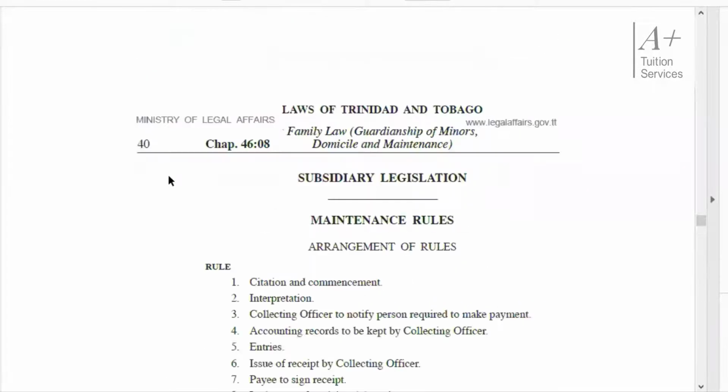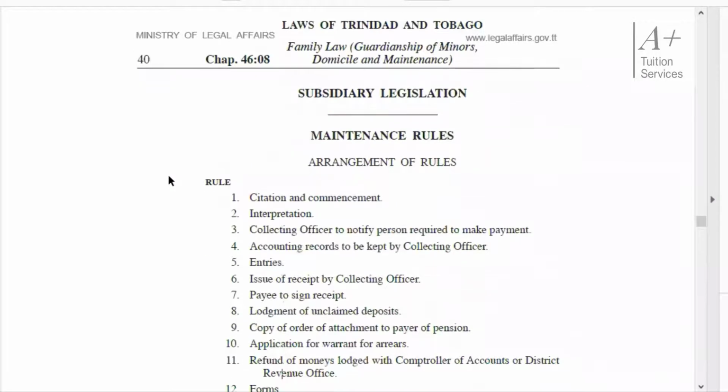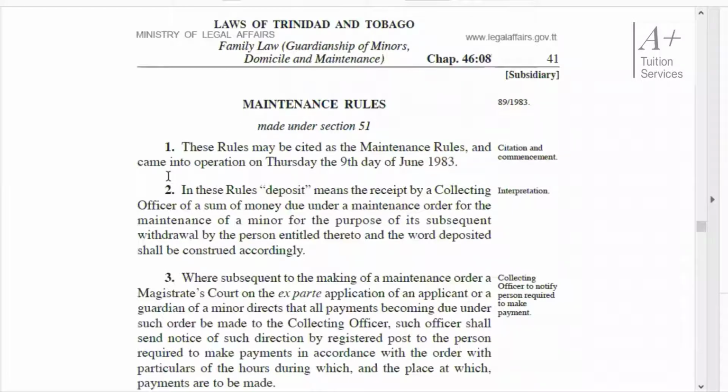And a will is usually read when the person dies. So we create wills and we die, then the attorney will be there to read the will so that everybody is aware of what they are expected to get.